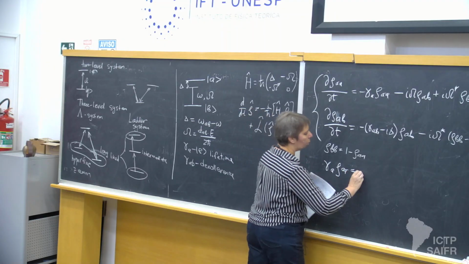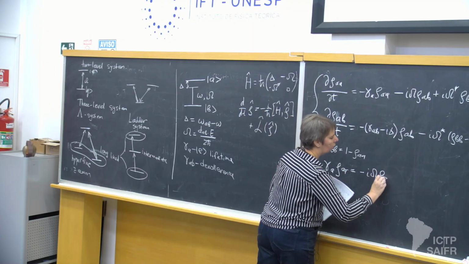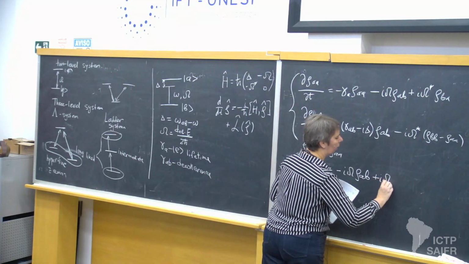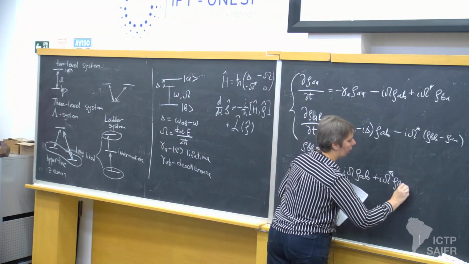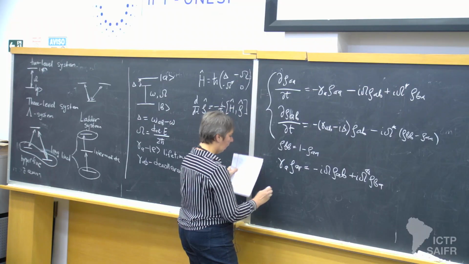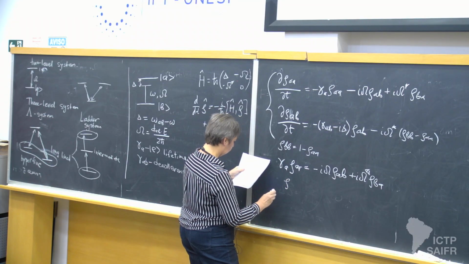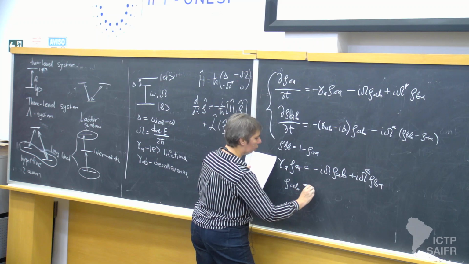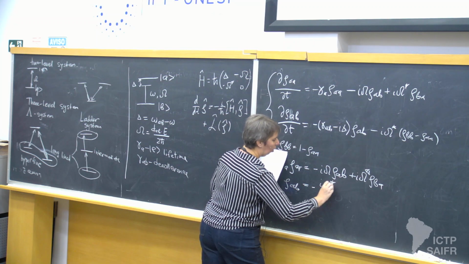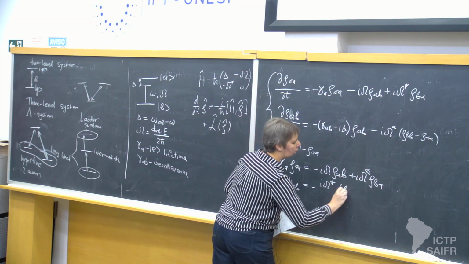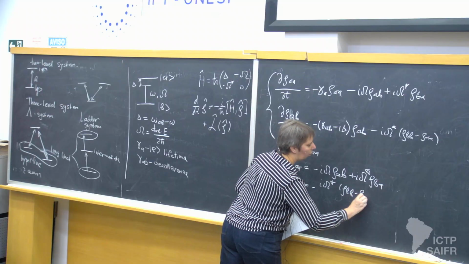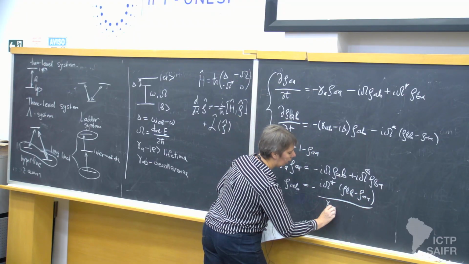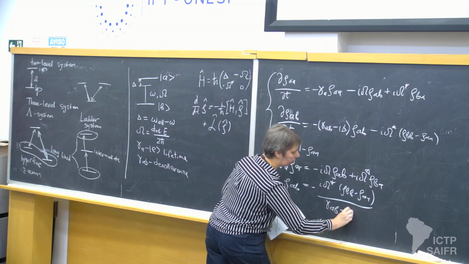And that makes this equation very, very simple, because basically we can see that gamma A rho AA is connected to minus i omega rho AB plus i omega star rho BA, and that rho AB from this equation is equal to minus i omega star, rho BB minus rho AA, divided by gamma AB minus i delta.